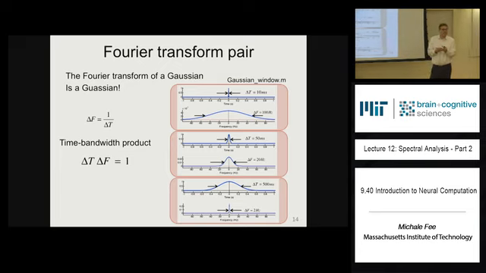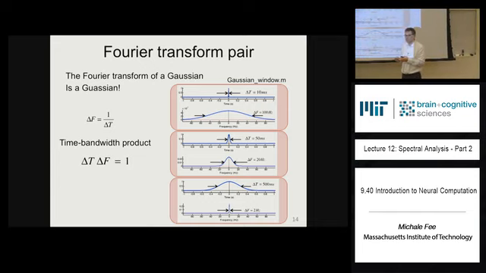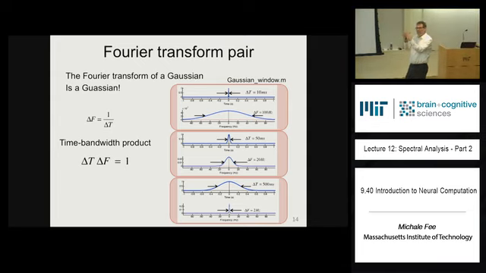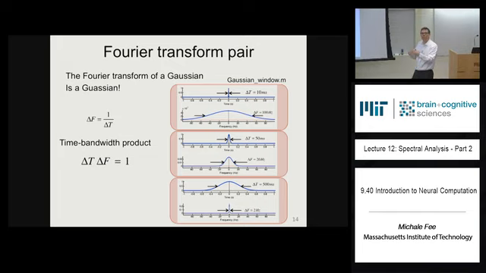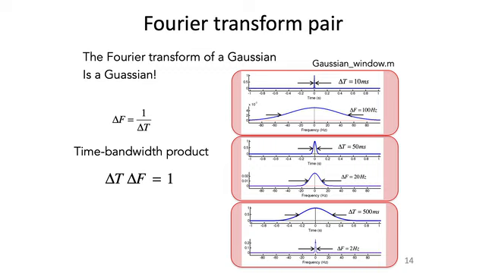The momentum of that particle can be computed as the Fourier transform of the wave function. So if the particle is more localized in space, then if you compute the Fourier transform of that wave function, it's more dispersed in momentum. And so the uncertainty in momentum is larger. So this concept of time bandwidth product in the physical world is what gives us Heisenberg's uncertainty principle. It's very cool.